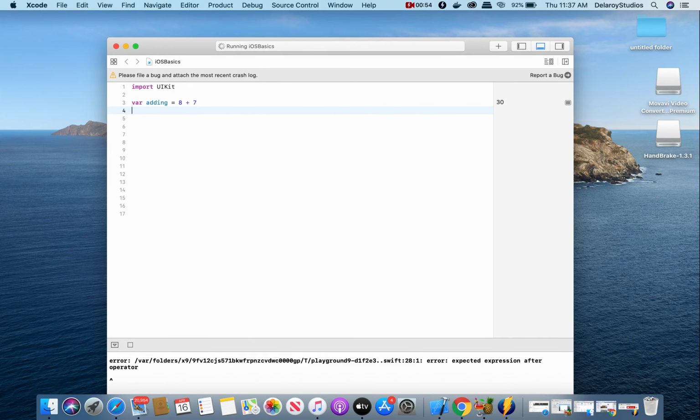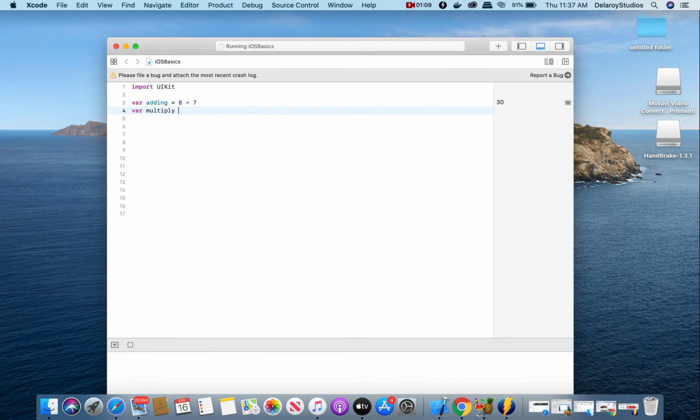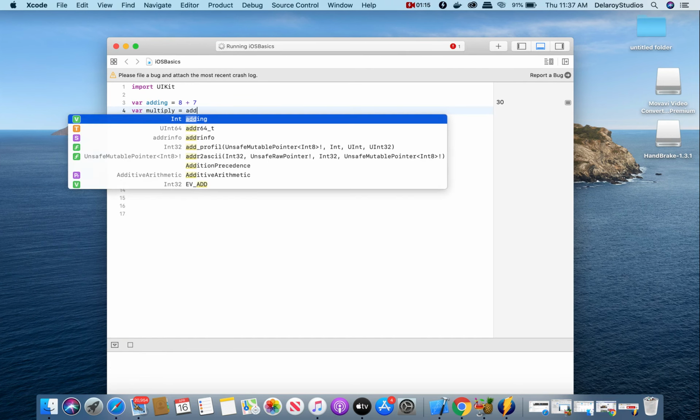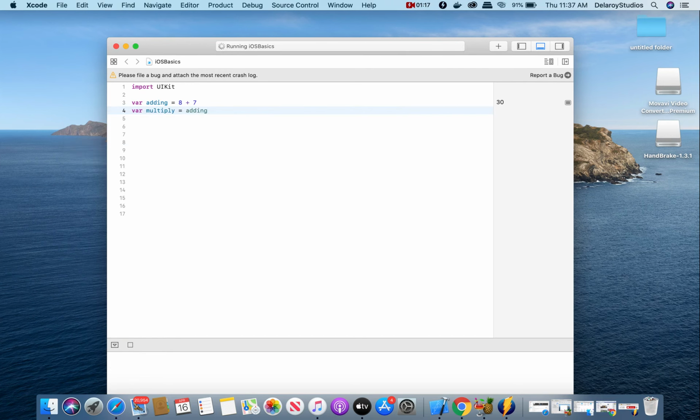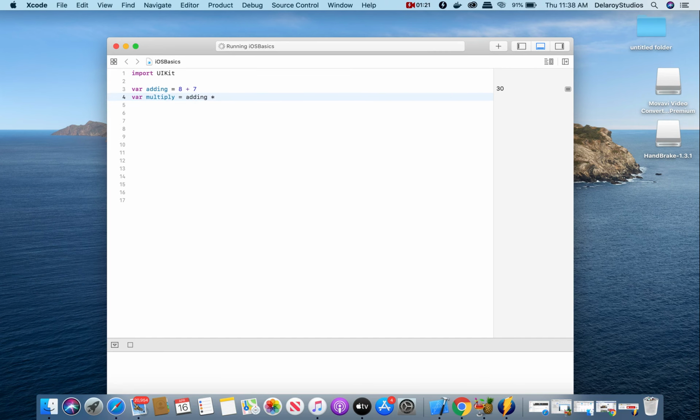Let's do a multiply, which is going to be the value of adding by 6.